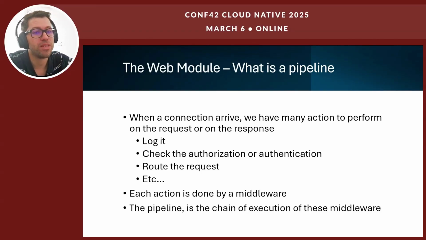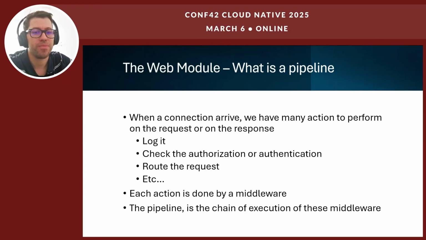For example, we need to log that a request arrived. We need to check for the authorization or the authentication if it asks for resources that are protected. We need, of course, to route the request to the right resource or endpoint, and we can do many other things on this request or response.